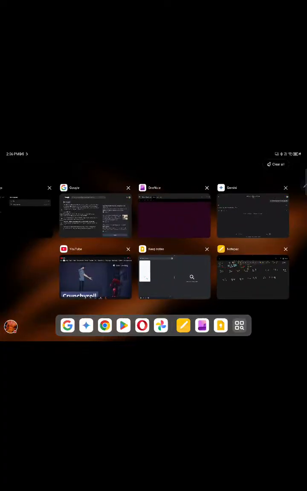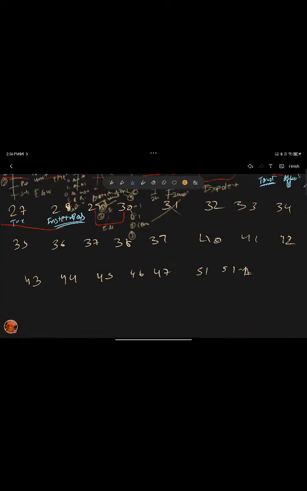I read Article 19, in which there are clauses A, B, C, D, E, F. So clause F is removed from 19 and it is put in 300A. So are these two the same, the property one? Amendment Act of 1978. Okay, I got it. So this is in 300A under the 44th Constitutional Amendment Act of 1978.